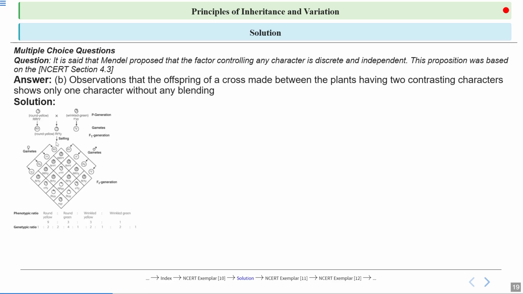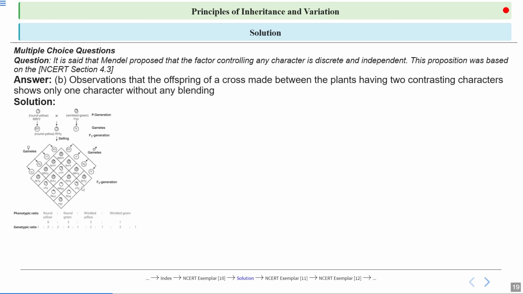In the F2 generation, each F1 parent will produce 4 kinds of gametes. If you analyze the phenotypic ratio in the F2, it will be 9:3:3:1, and the genotypic ratio will be 1:2:2:4:1:2:1:2:1. So there are 9 different genotypes and 4 different phenotypes formed.